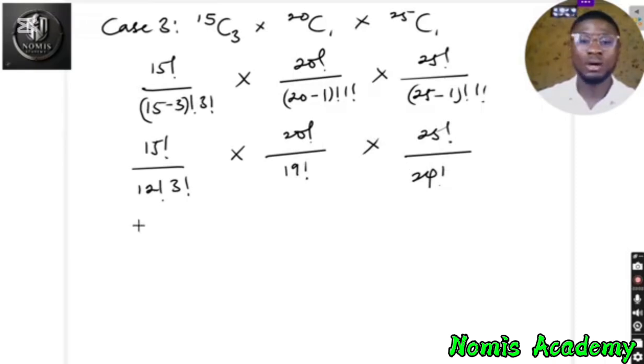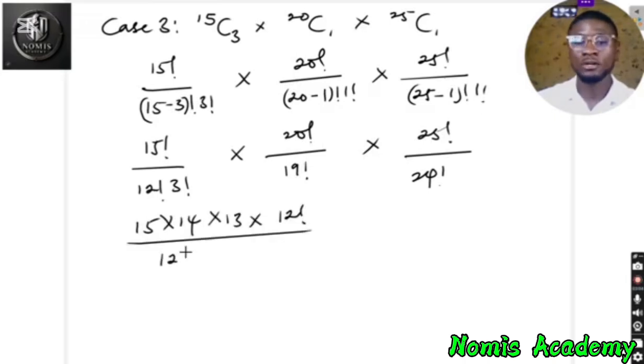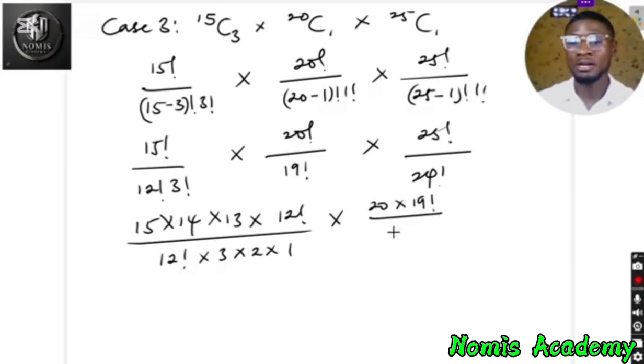So I can reduce this to be 15 times 14 times 13 times 12 factorial all over 12 factorial multiplied by 3 times 2 times 1, multiplied by 20 multiplied by 19 factorial all over 19 factorial, multiplied by 25 multiplied by 24 factorial all over 24 factorial.